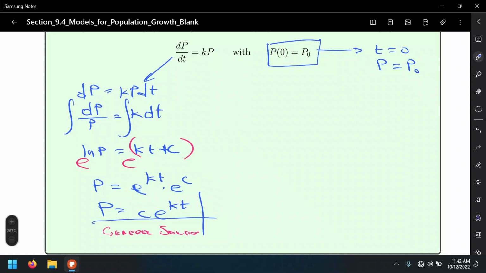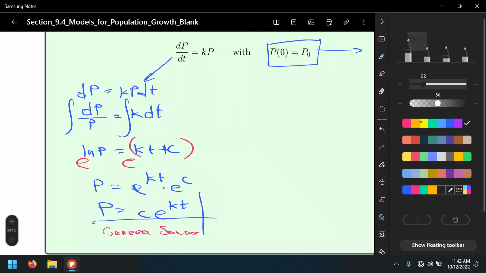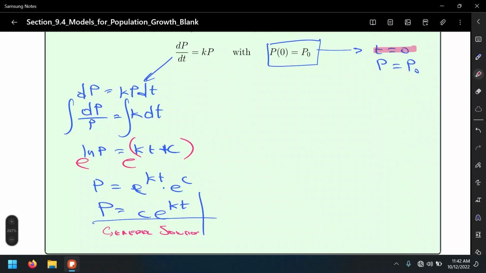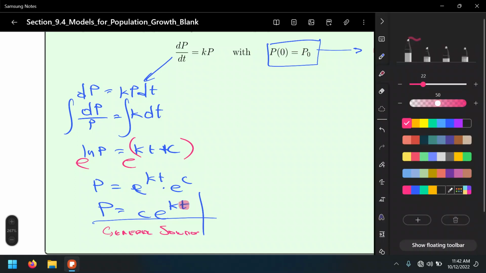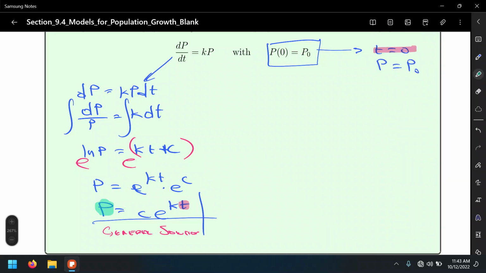So let's plug in where it corresponds: t equals 0 and P equals P initial. That is, P initial equals C e to the k times 0. But 0 times k is just 0, and e to the 0 is 1. 1 times C is C, so C equals P initial.